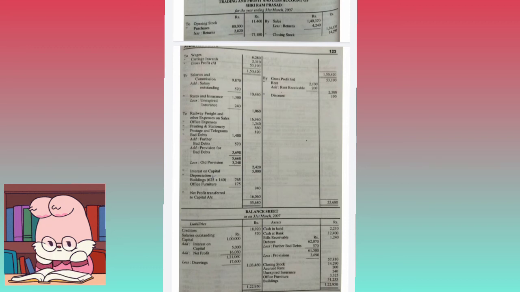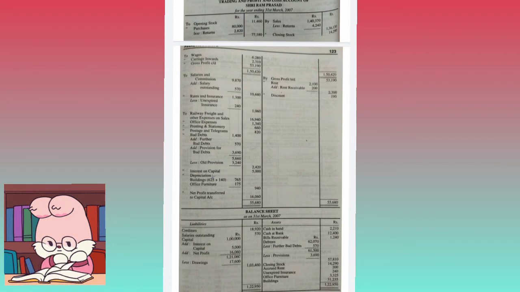This provision is to be debited to the P&L account. And one more adjustment: 570 needs to be taken as further bad debts. So take it on the debit side of the P&L account and deduct this amount from the debtors balance in the balance sheet.